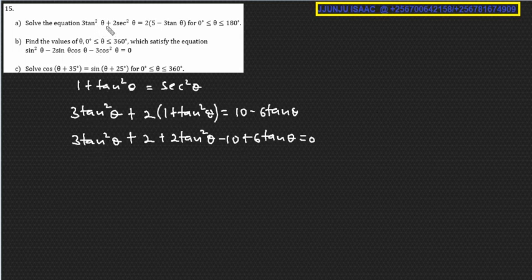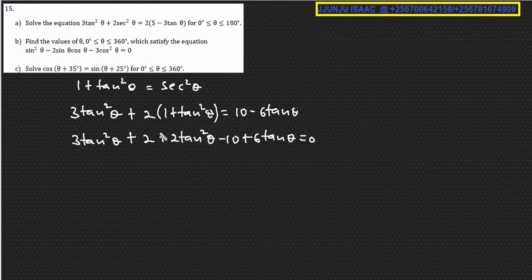So it is the same expression, and I'm bringing that part on the right to the left. So the 10 here becomes a negative, the negative 6 tan theta will become a positive. And now here, don't forget, I replaced the sec squared with this identity here, 1 plus tan squared theta twice, because this is 2 sec squared. Then removing the bracket, this is 2 and this is 2 tan squared theta.